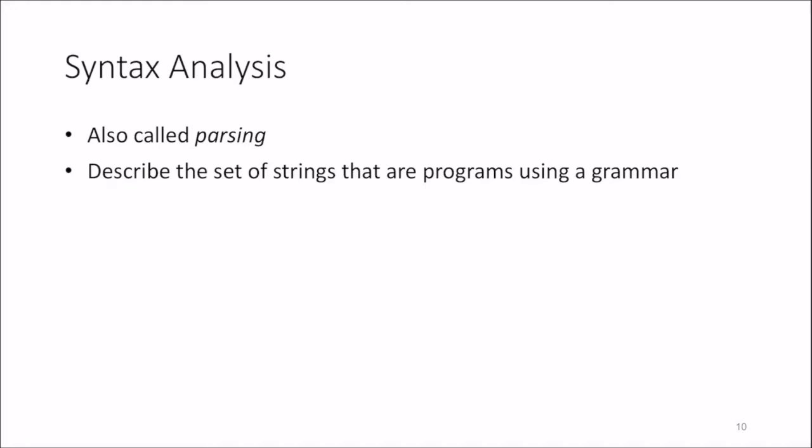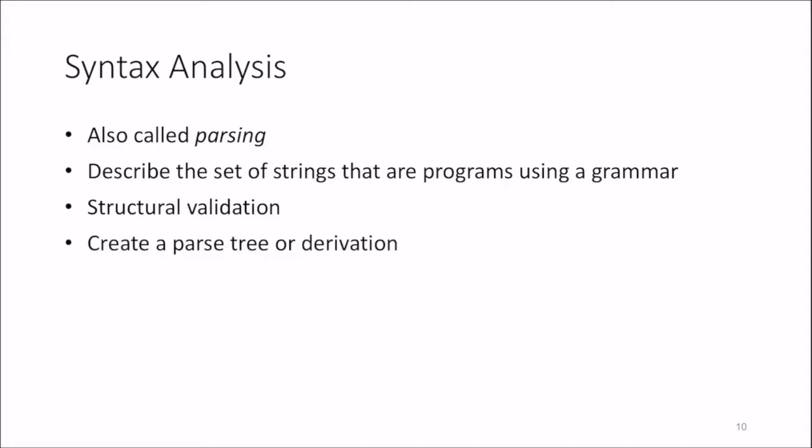That's the key difference between the syntax analysis and what came before. In the lexical analysis, all it does is tell you what the individual tokens are, whereas syntax analysis assigns these tokens to a structure. So essentially it's validating that structure.